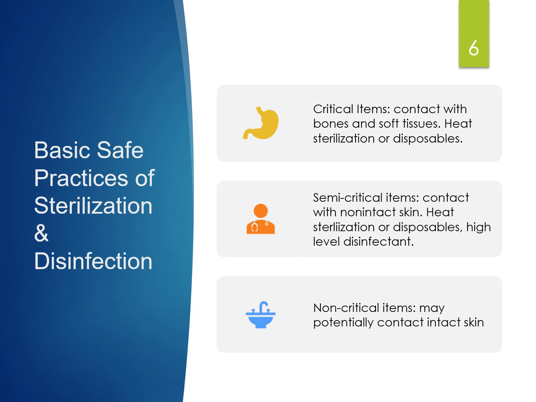We have the critical items, and these are items that contact bones and soft tissues. These must be heat sterilized or disposable. Some examples can be surgical instruments, some of our scalers that we'd use, periodontal probes, scalpel blades, or needles when we are doing injections. Then we have the semi-critical items, and these come into contact with non-intact skin.